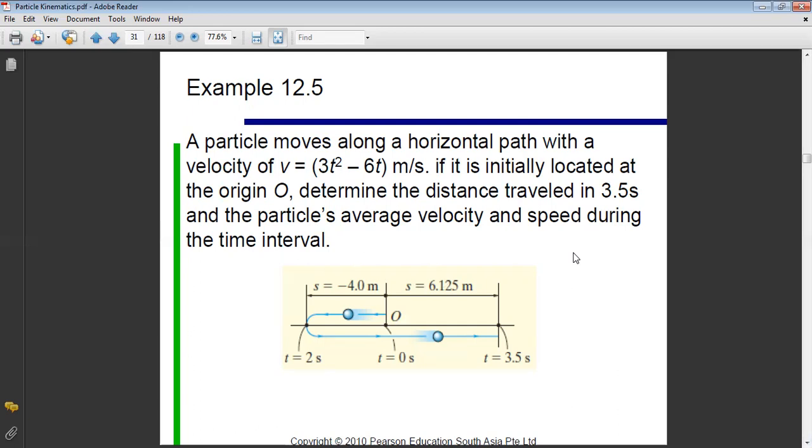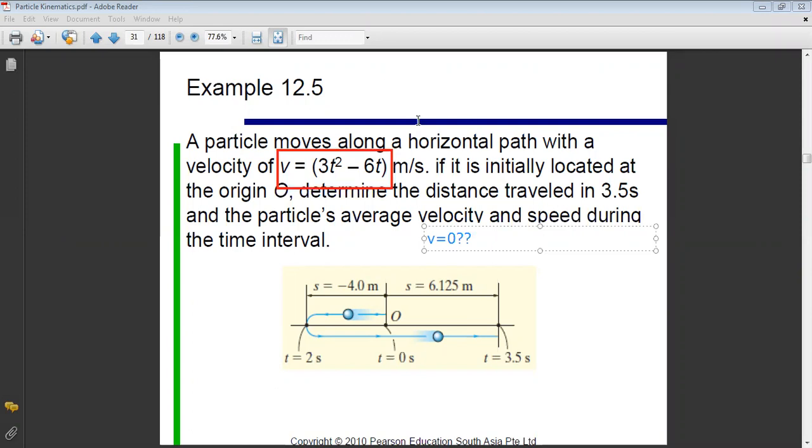To be able to draw the path, note that this figure is not given in the exam. We just give you the velocity function. So you ask for what values of t v is equal to 0, and then you will know if there is a change in direction or not.